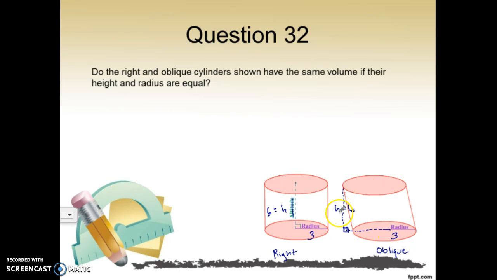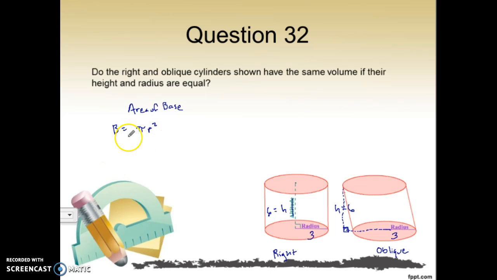Well, aren't we going to use the same formula here? If they have the same height and the same radius, we're going to use the formula. Well, first I'm going to find the area of the base. And since the base for both of these is a circle, I'm going to say that the area of the base equals pi r squared.